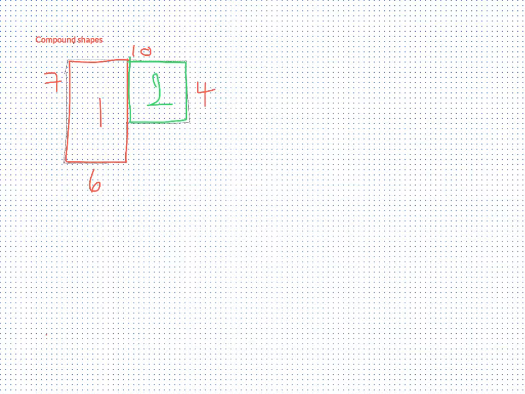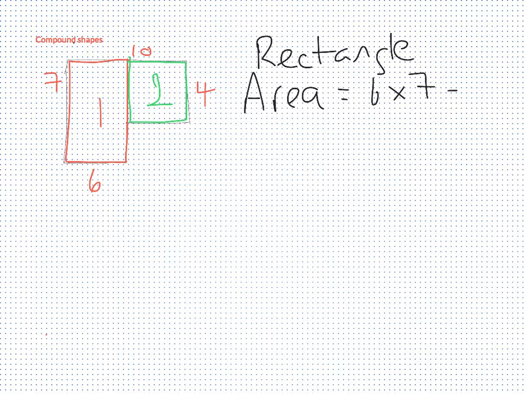So let's look at the rectangle first of all. If we wanted to figure out the area of this rectangle, we would simply put it as 6 multiplied by 7, which would be 42.